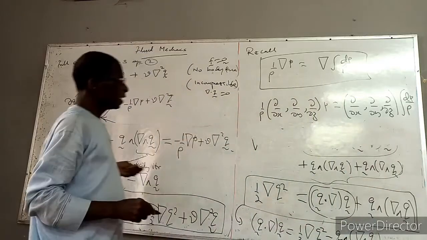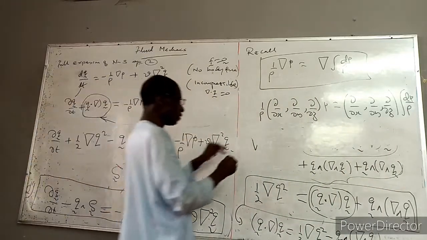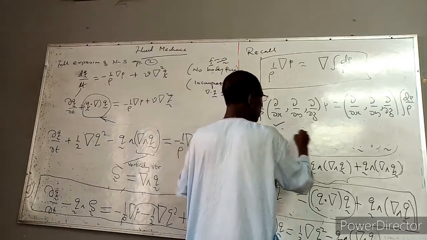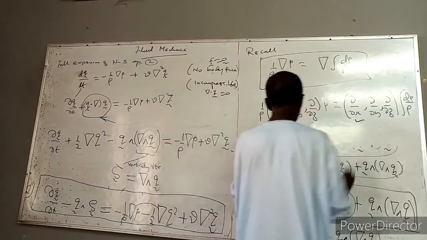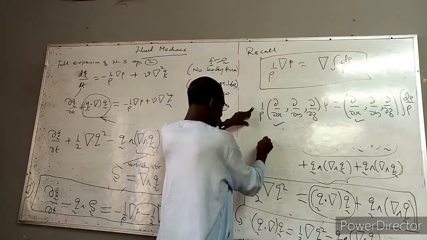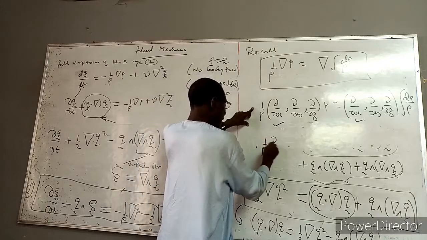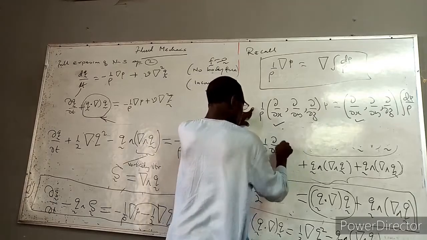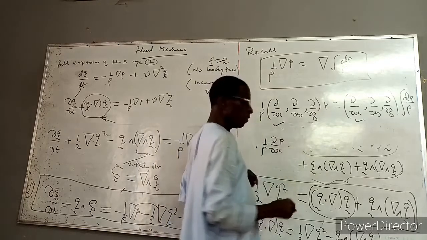Consider this side and this side: this is 1 upon rho d/dx of P. Are you with me?